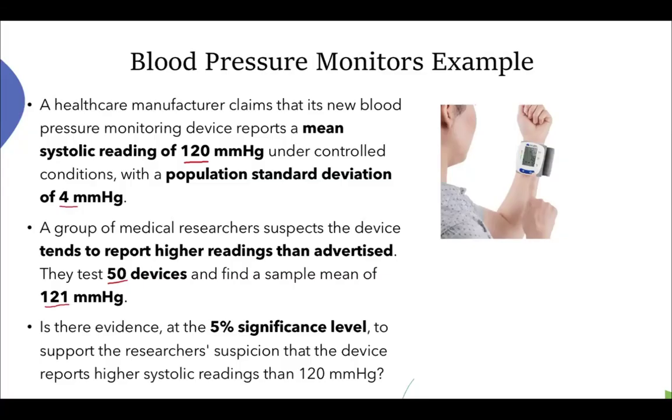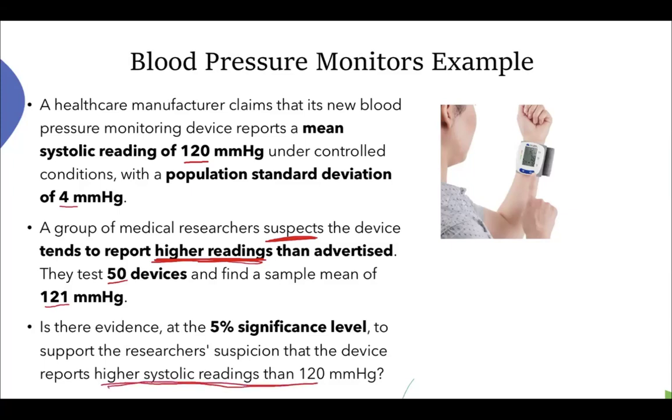Okay, so we see some hints as to the direction in these underlined phrases. The medical researchers have a suspicion that these devices are giving higher readings, and down here we see higher than 120.